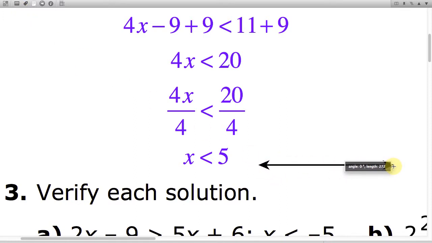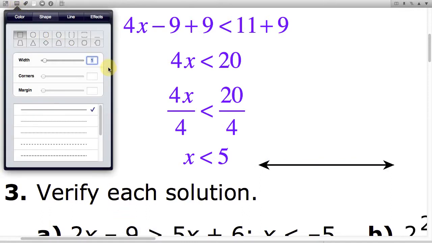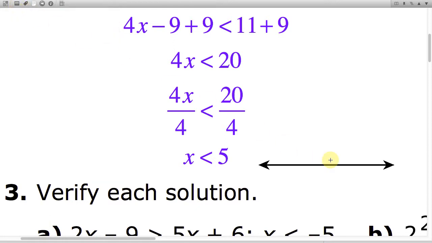So here is a number line, and I'm going to make a mark on that number line and indicate that this is where we have 5. Now we have an open circle here because there's no equal to, and it's x is less than 5, so we're shading to the left. And that's it for that one. Oh, I guess I should also make sure that I have labeled that this is the x-axis. And then that's it.